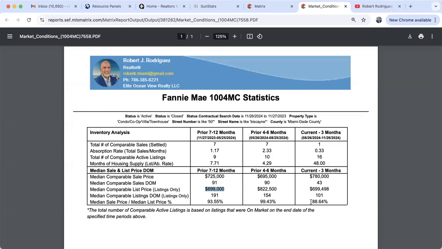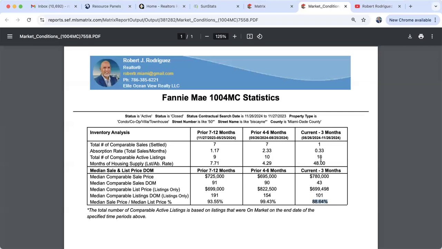Now condos in this building, when they sell, and it's only one sale, right? That one sold for 88% of the asking price. So if you have a condo at 50 Biscayne and you're thinking about selling, you do have competition. There are 16 other condos for sale in this building, and there's barely any movement.